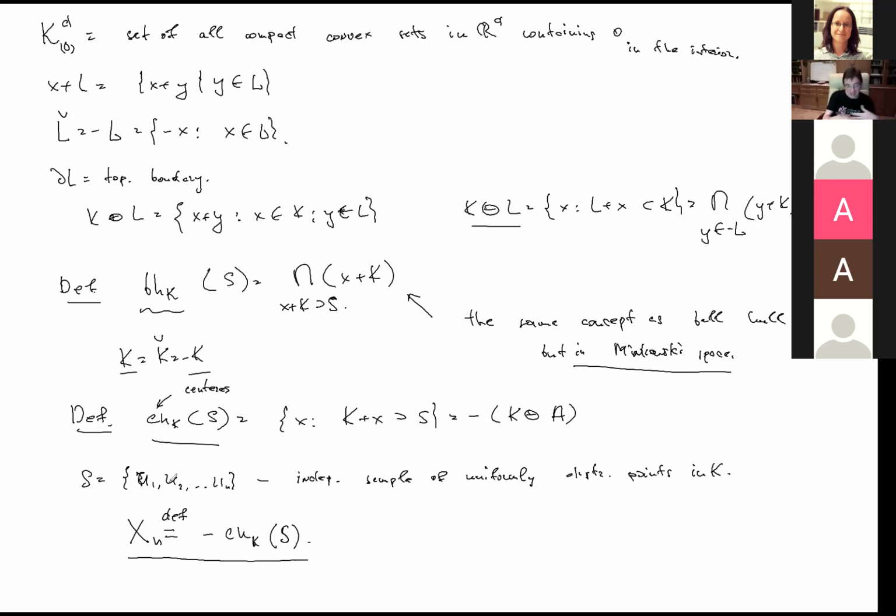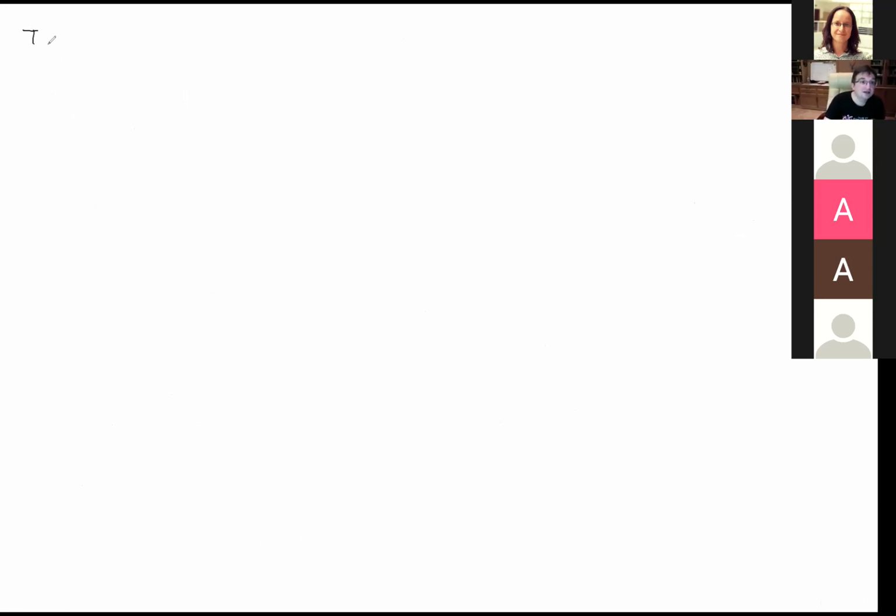So as the size of the sample tends to infinity, Xn becomes a small set always containing the origin. Yes, because S is a subset of K, so the origin is always there, but possibly also some small vectors x are also there. And now the main result, which, in view of this representation, so this is just K minus S, reads as follows.